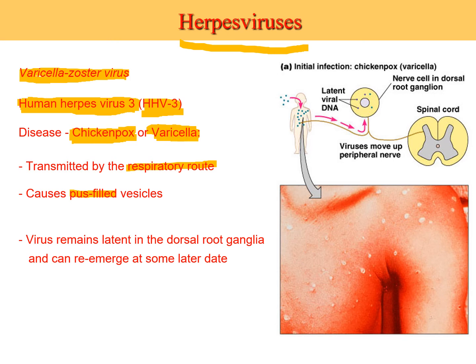It can remain latent, not causing any symptoms, not being evident, in the dorsal root ganglion, in the nerve cells of the dorsal root ganglion. I remind you that when you look at a cross-section through the spinal cord, you see the dorsal root and the ventral root.